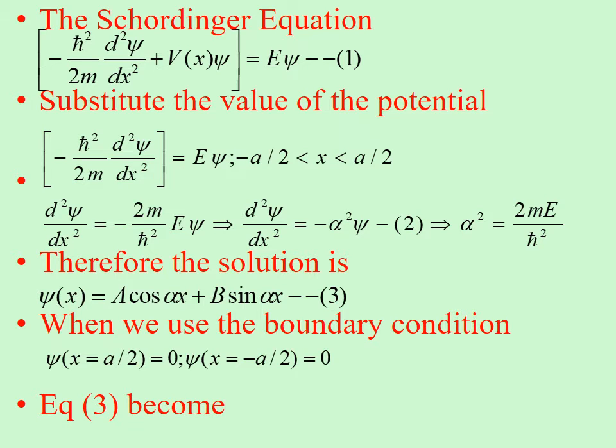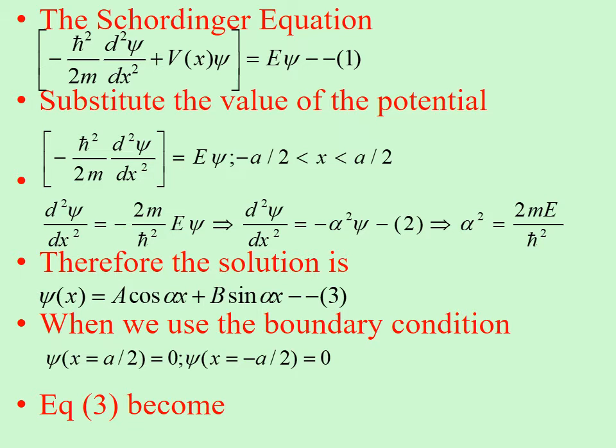So d square psi by dx square is equal to minus 2m by h cross square E psi. That implies d square psi by dx square is equal to minus alpha squared psi, taking alpha squared is equal to 2mE by h cross squared. Therefore, it is a second order differential equation, and the solution is psi of x is equal to A cos alpha x plus B sin alpha x.